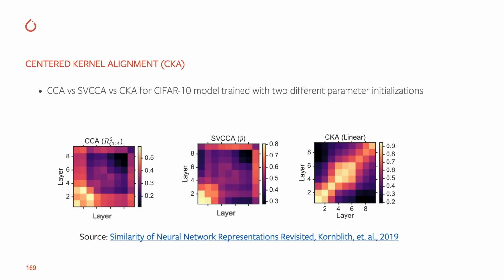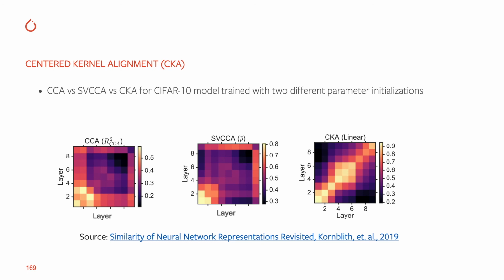In this example, we compare similarities between CCA, SVCCA, and CKA side by side. We would expect that the most similar layers would be the most architecturally similar ones. This hypothesis seems to hold for CKA, but not for CCA and SVCCA. It looks like, according to CCA and SVCCA, some of the architecturally similar layers are dissimilar.